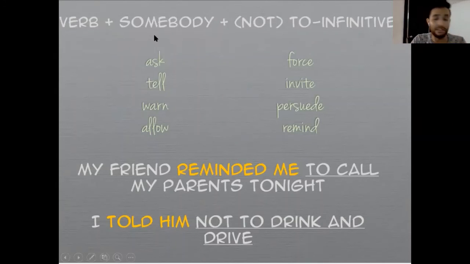But if you use an object, you have to use allow with the infinitive with to. So for example, my friend reminded me to call my parents tonight. Or I told him not to drink and drive, right? So this is another pattern.